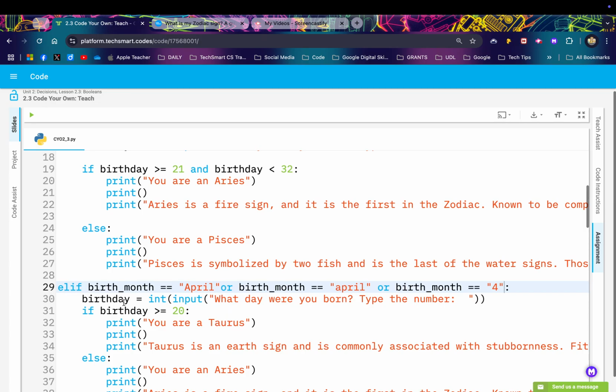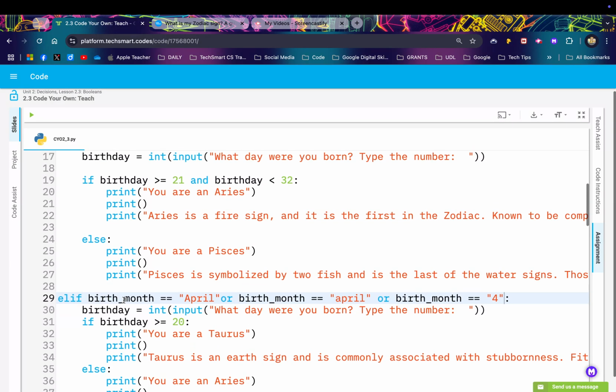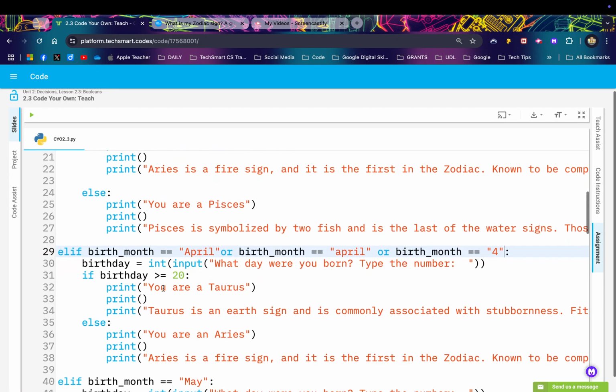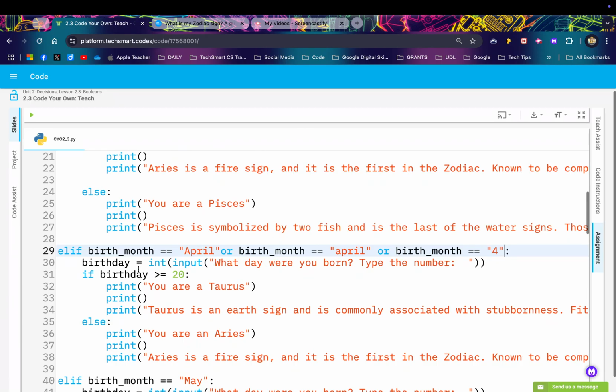Okay. So then look, same thing again. See, line 17 is exactly the same as line 30. It is birthday equals integer, input, what day were you born, type the number. Okay, don't forget your double quotation marks there because we did typecast it to an integer. And I don't ever have to typecast it back because I don't ever actually use that number. I'm just using it for math purposes. So for April, the cutoff is the 20th of April.